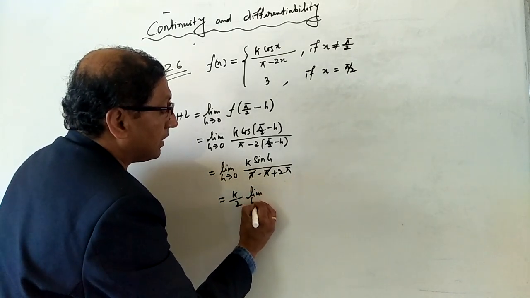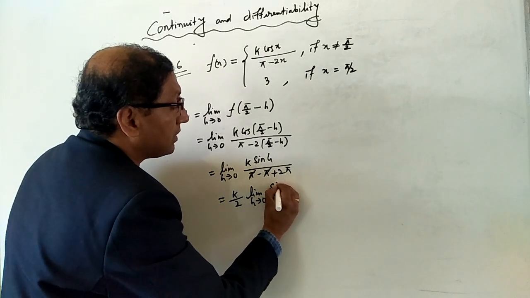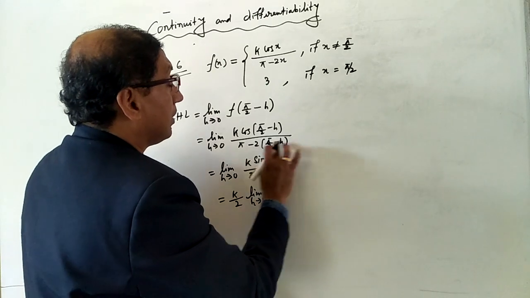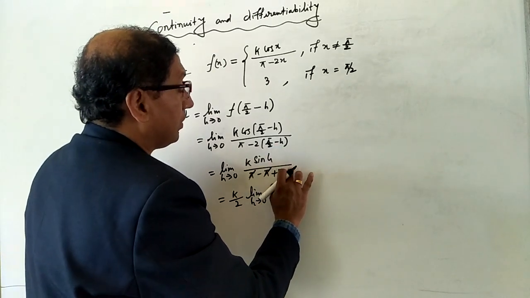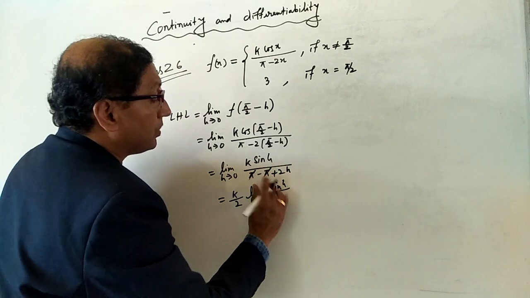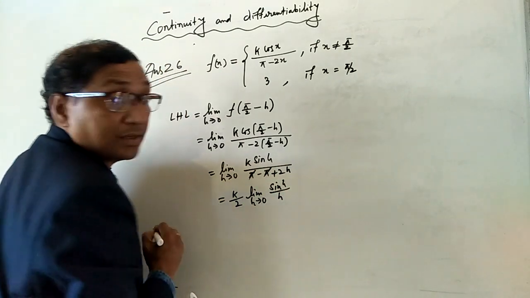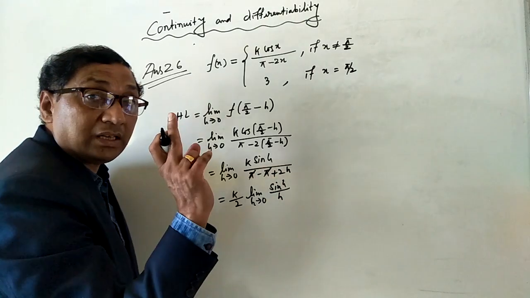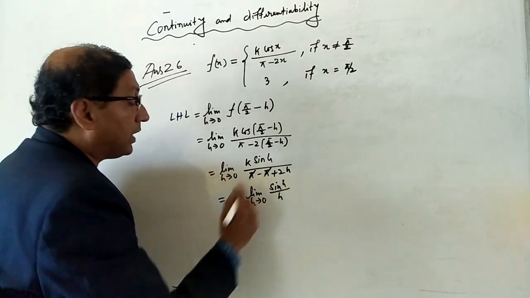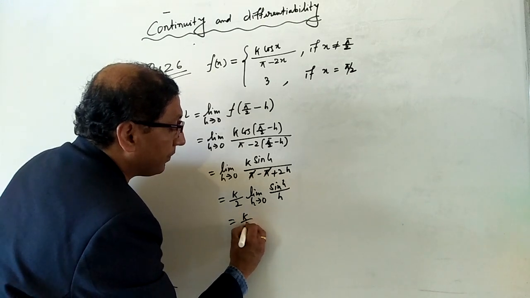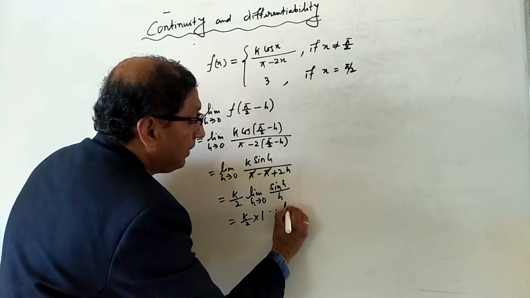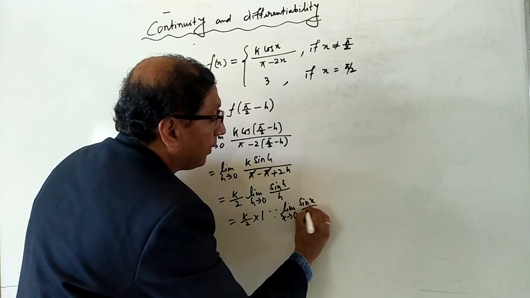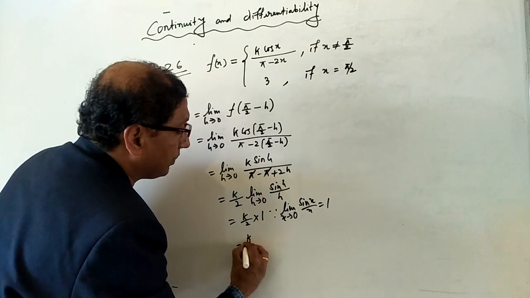Limit h tends to 0, sin h by h. Now we know that limit h tends to 0, sin h by h equals 1. In class 11 you have learned this formula. So it is k by 2 into 1, since limit x tends to 0, sin x upon x equals 1. So it is k by 2.